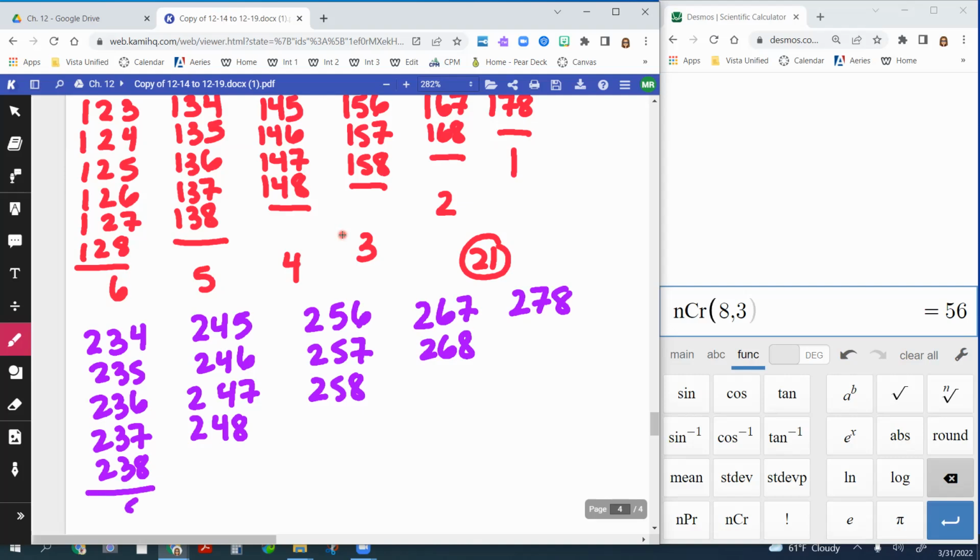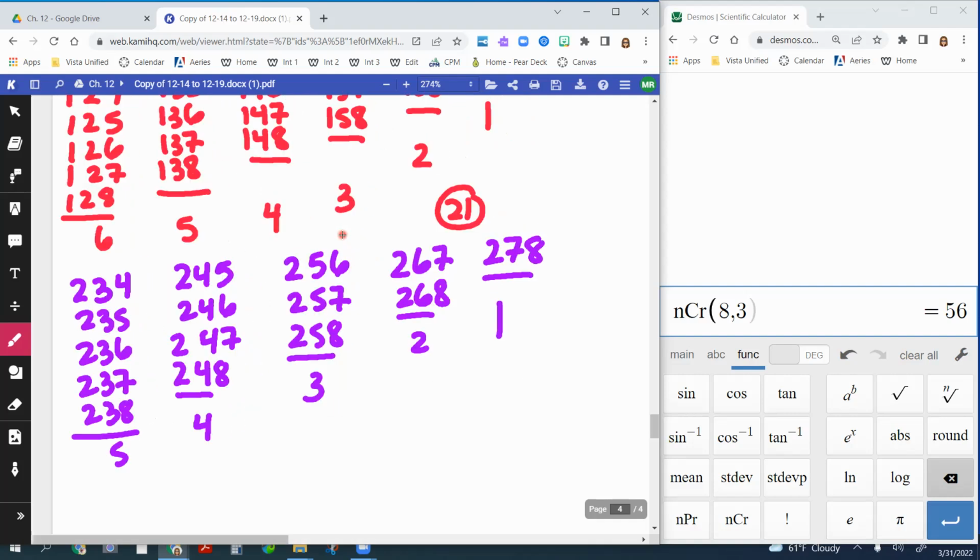So I have 5, 4, 3, 2, 1, and when I add that up, I'm going to have 15.